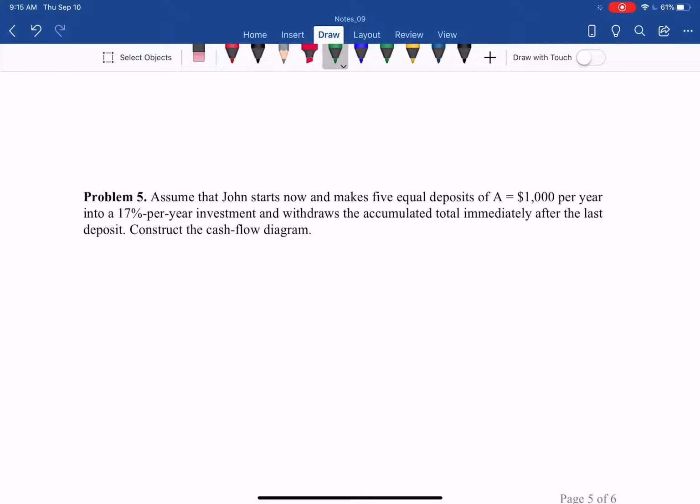The problem gives you years, so the time scale here is years. Now means 0. One year from now is 1. One year ago is minus 1. So now is 0.